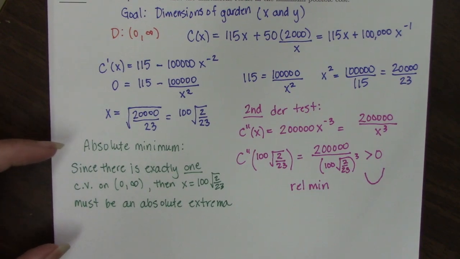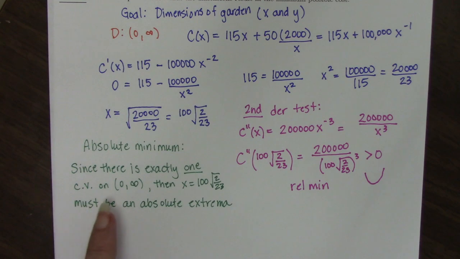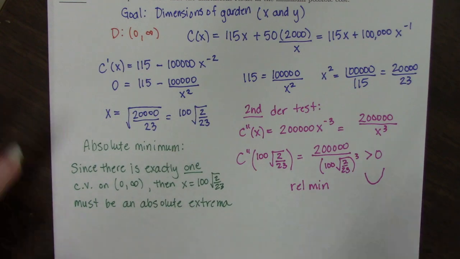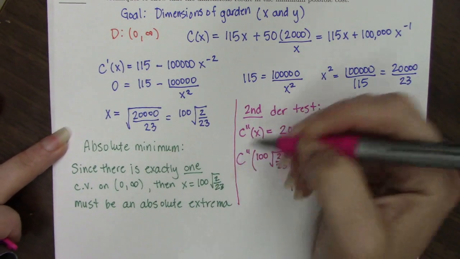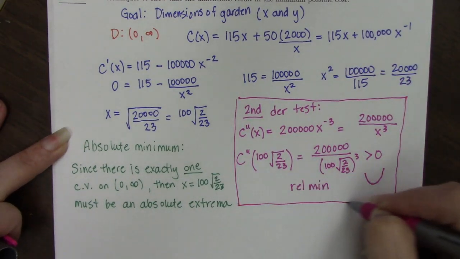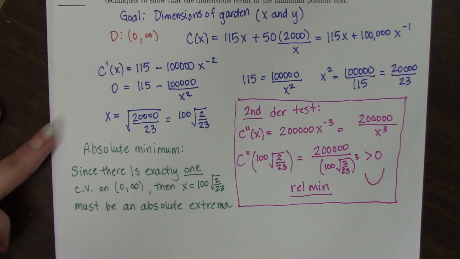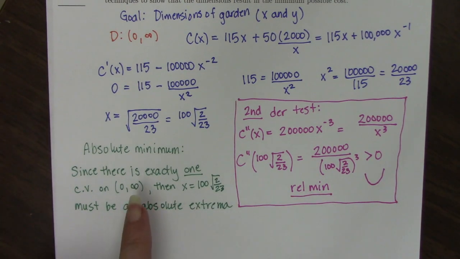This says that if there's exactly one critical value on your domain for your function, this is why the domain is so important, then that critical value is an absolute extrema, but it does not specify what type of extrema you found. So if your domain is open, you have to use either the first or second derivative test to determine what type of extrema you have to then make this statement.